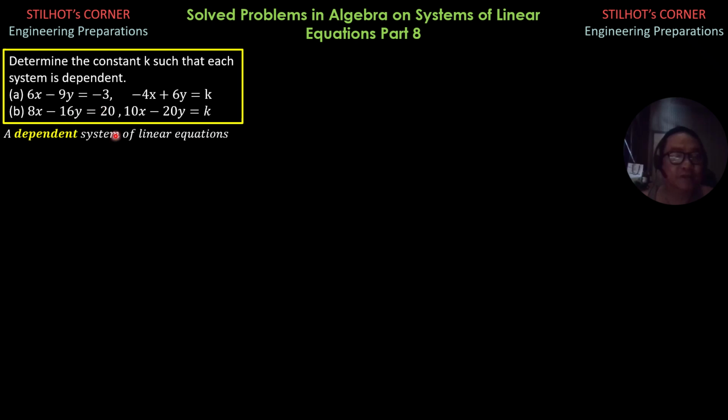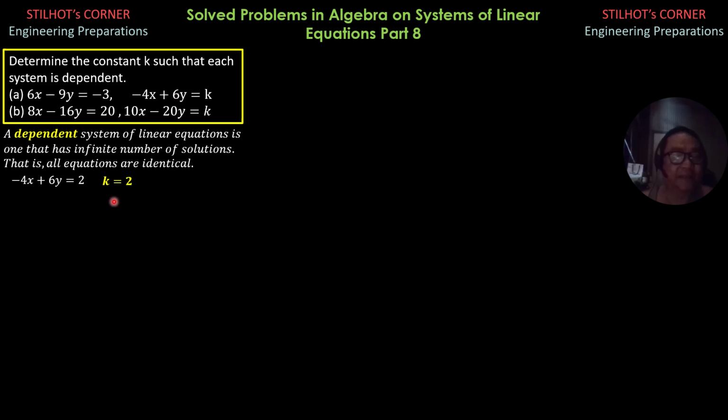This is the definition of a dependent system of linear equations, the one that has an infinite number of solutions, or in short, the equations are identical. So therefore, obviously, k is equal to 2 for the system to be dependent.